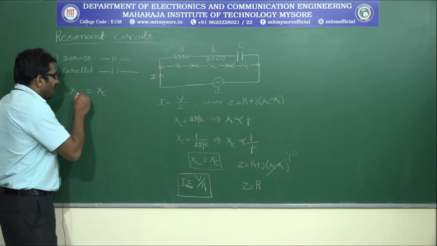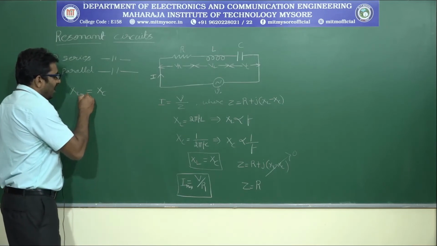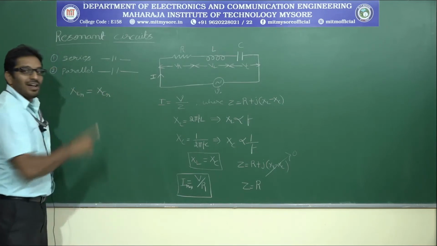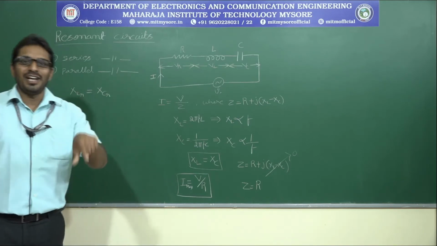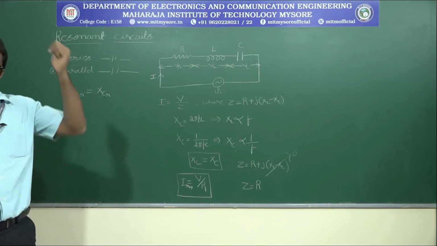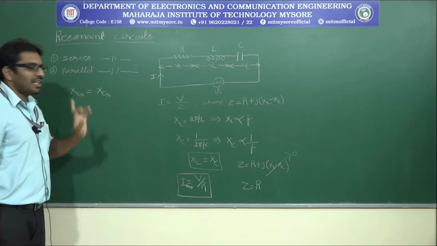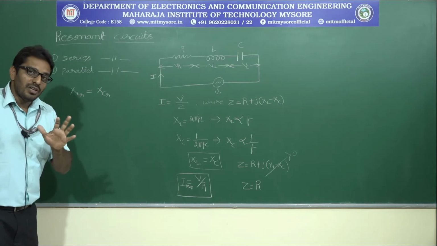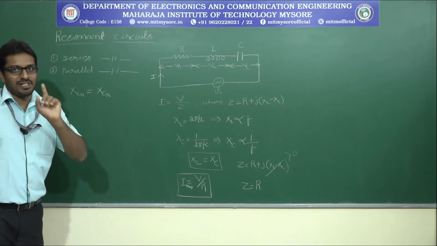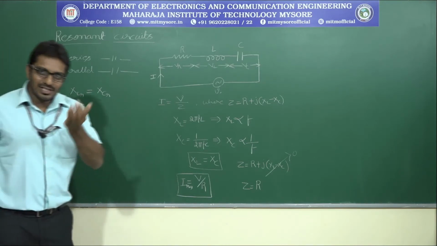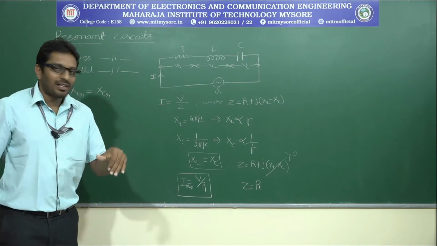That's why let me represent it as XLR and XCR, where R represents the resonant condition. This is the condition at resonance, right? That's why XLR is equal to XCR. Resonance is obtained with respect to frequency. Remember.